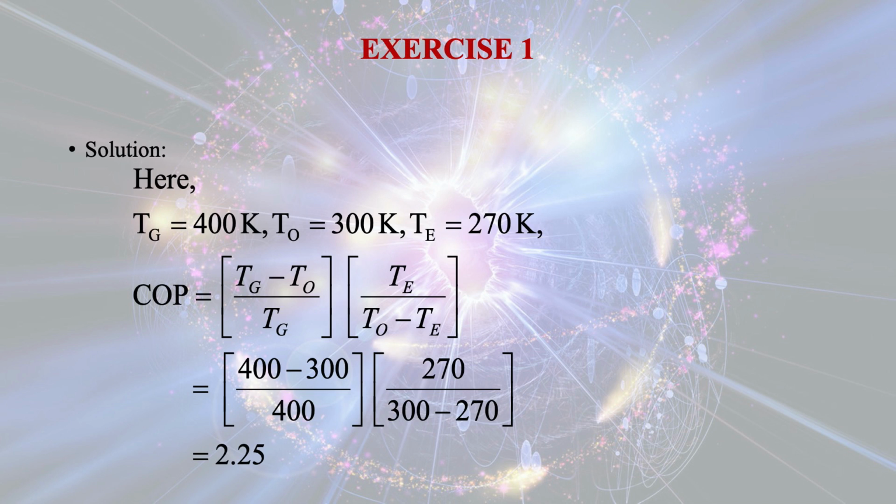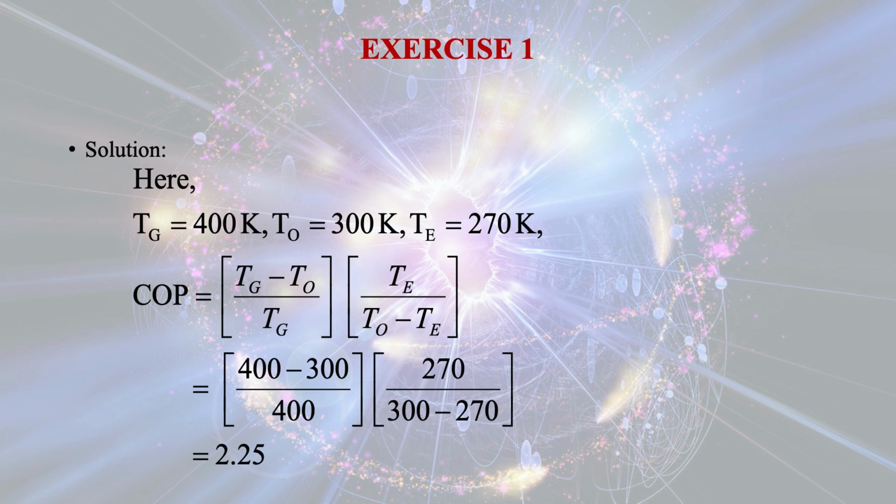So Tg is equal to 127 plus 273, that is 400 K. To is 27 plus 273, that is 300 K, and Te is the temperature inside the evaporator. Te is equal to 270 Kelvin.